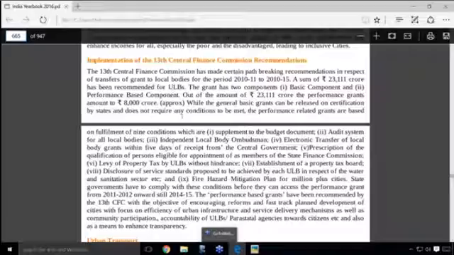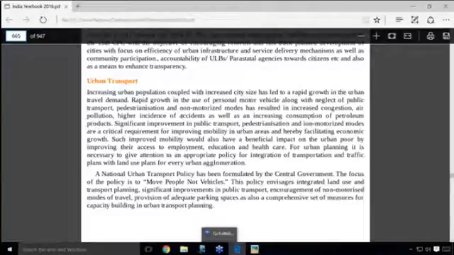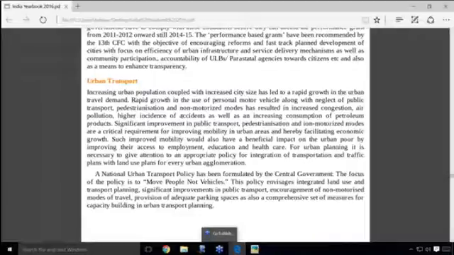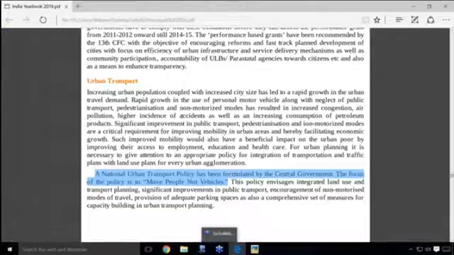The last page, 739. Can you see urban transport? In urban transport, second paragraph, second line. A national urban transport policy has been formulated by central government. The focus of the policy is to move people, not vehicles. This term was given in 2014 mains exam where UPSC asked you, the government has made an urban transport policy of not to move vehicles but to move people.